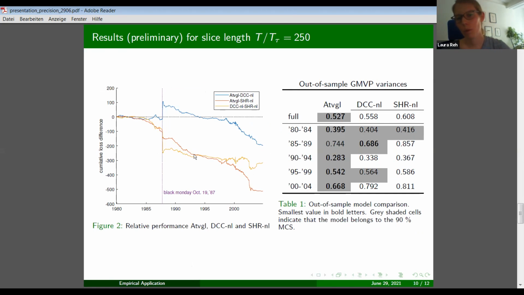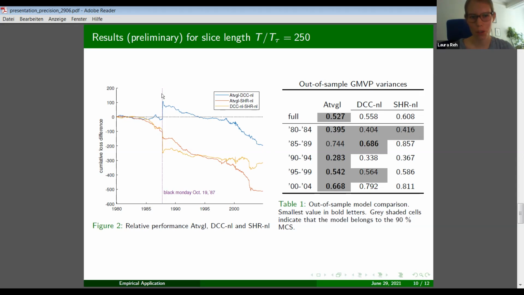What we see here is what we were expecting, or what we were hoping to expect: if you look at the cumulative loss differences, our approach compared to both the static and the dynamic model performs moderately well. We always have this negative slope.